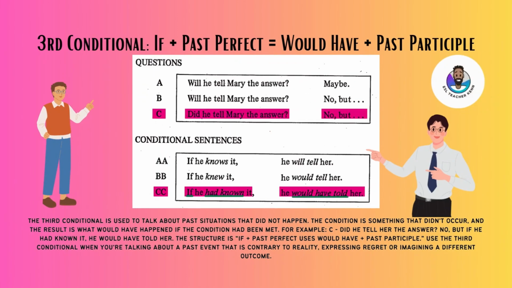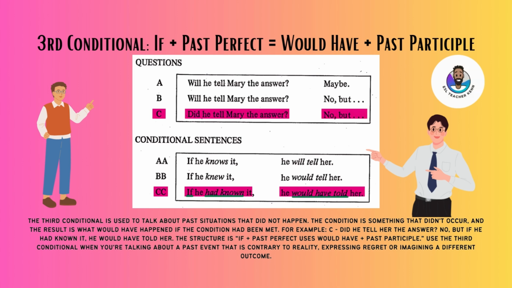The third conditional is used to talk about past situations that did not happen. The condition is something that didn't occur, and the result is what would have happened if the condition had been met. For example, C. Did he tell her the answer?